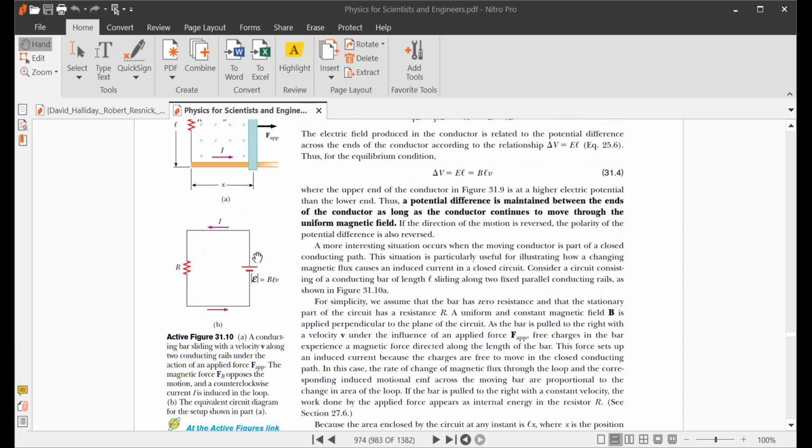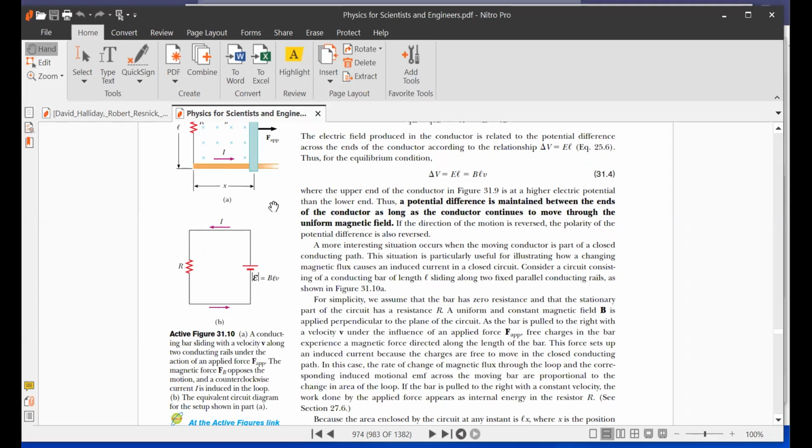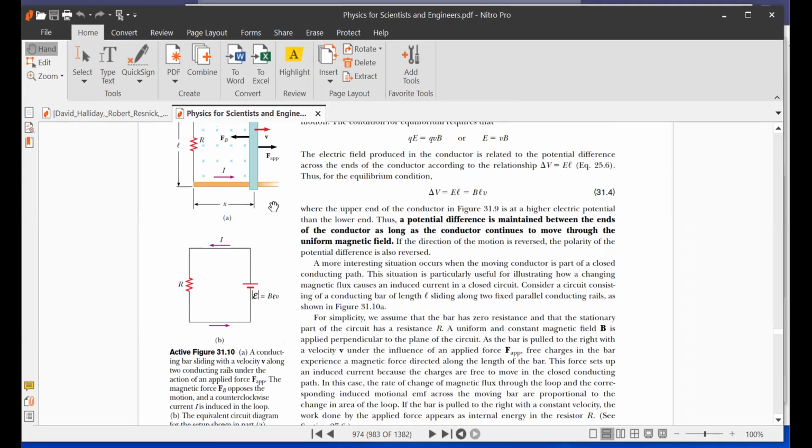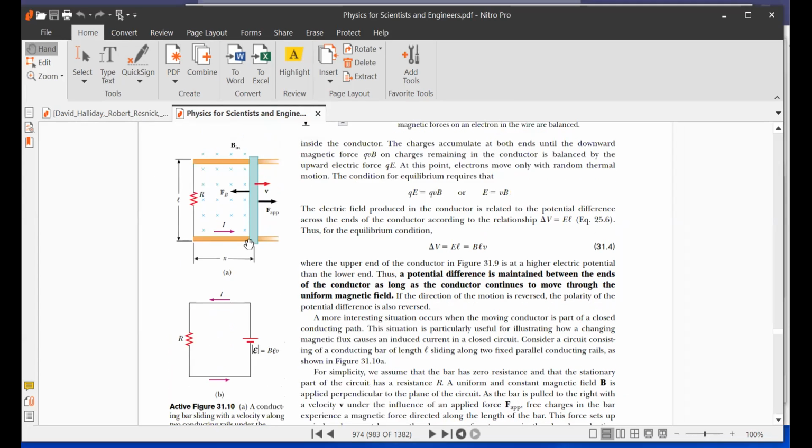So this second figure is equivalent to the above figure A. We have a closed loop with the current I and resistance R, and we have this induced, or motional, EMF, electromotive force.